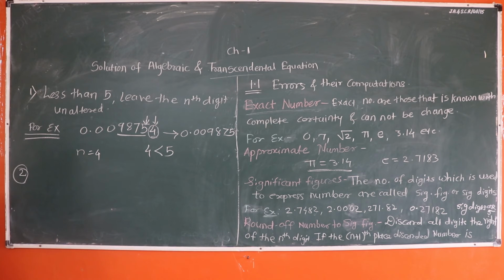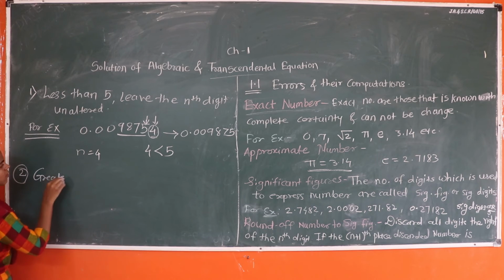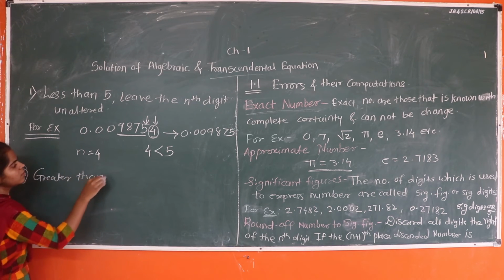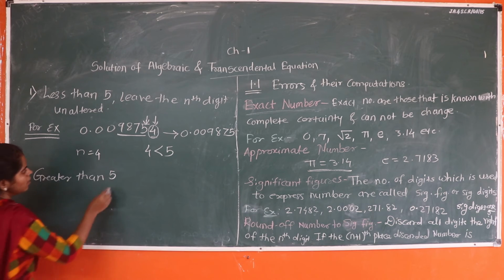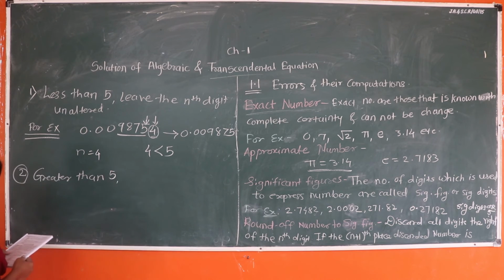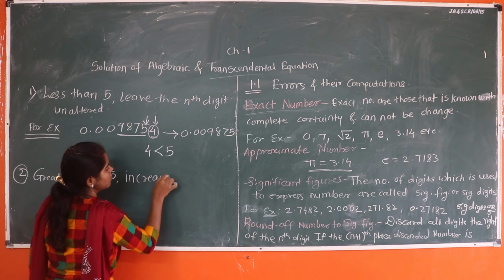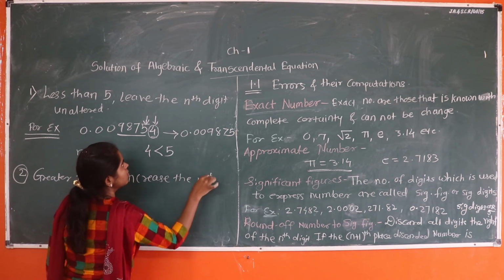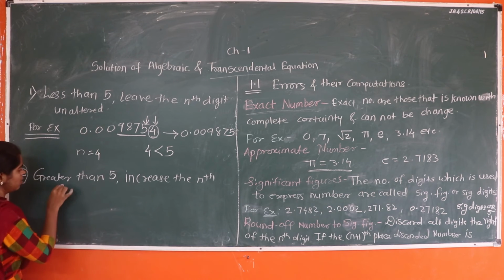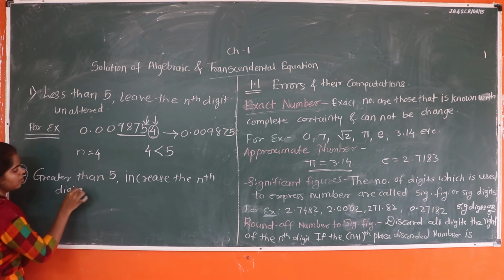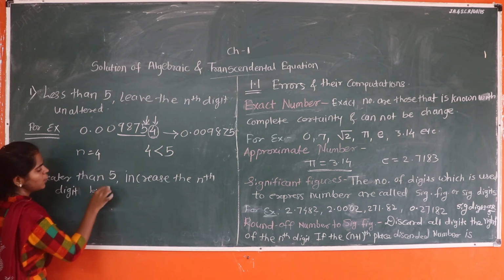Second rule is greater than 5: increase the nth digit by unity.